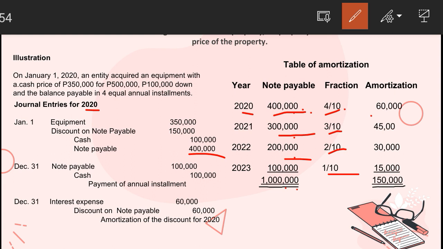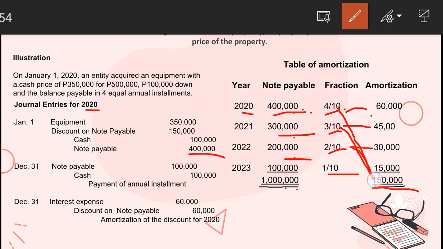Okay, now for amortization, amortization is the amount of discount multiplied by the fraction developed. The amount of discount is 150,000. So you multiply it by the fraction, and you will get the amortization. You multiply this by 3 over 10, you will get the amortization of 45,000 here.